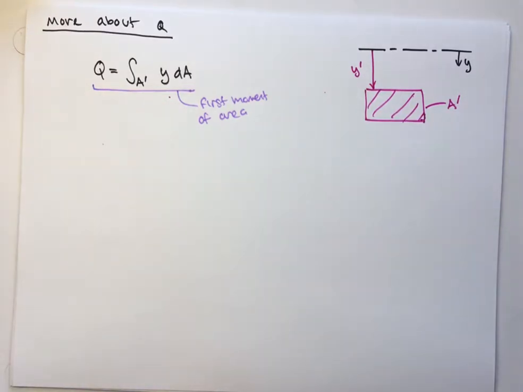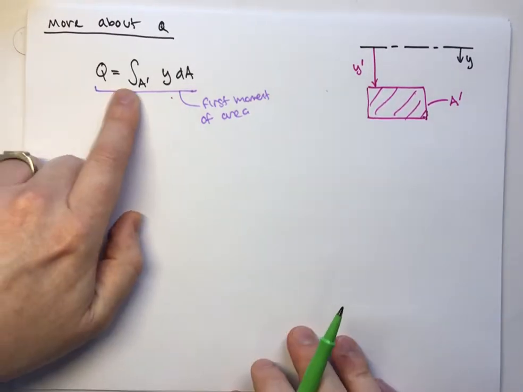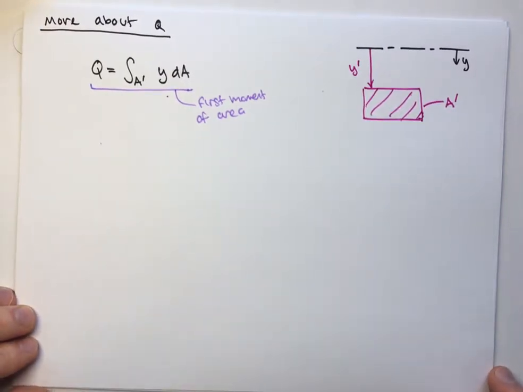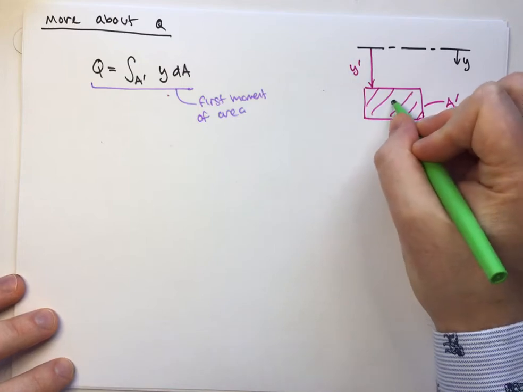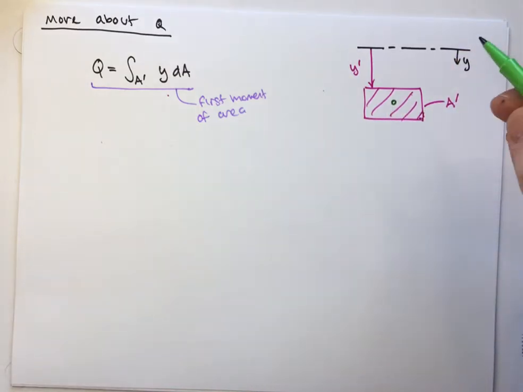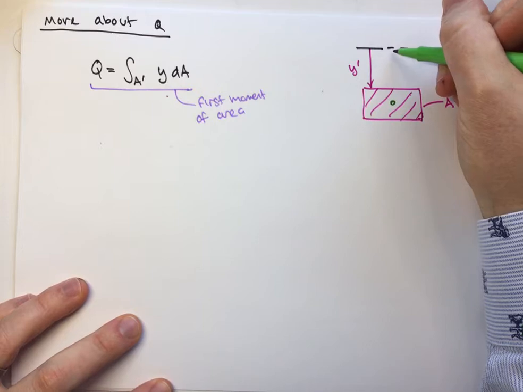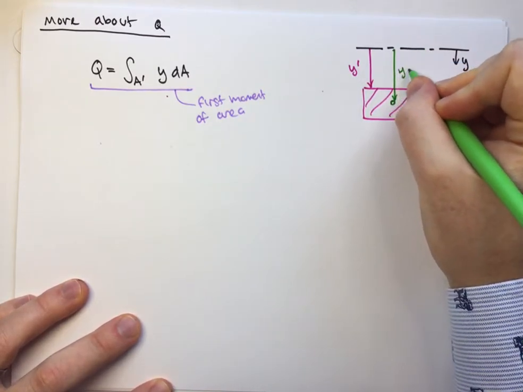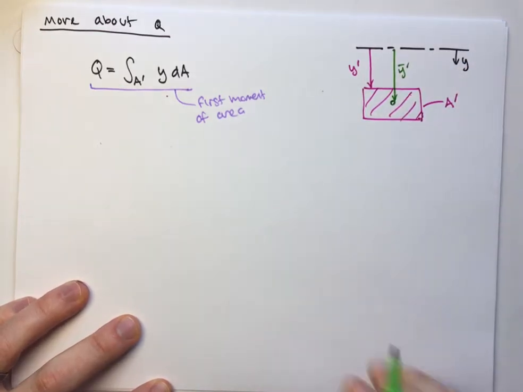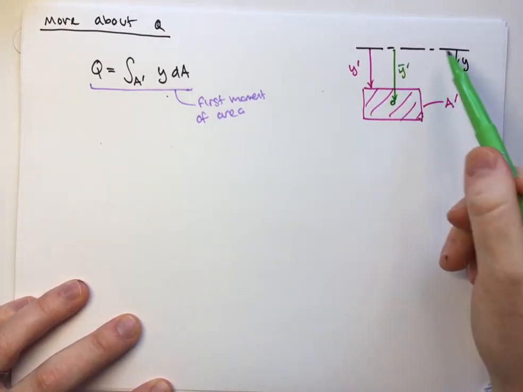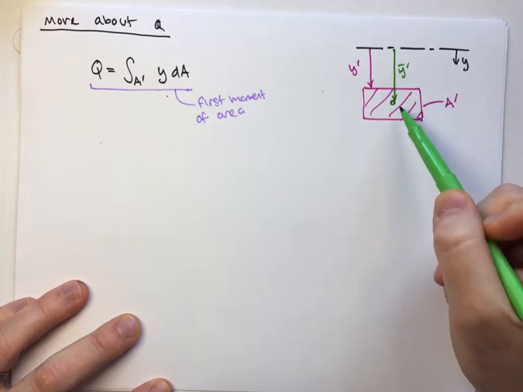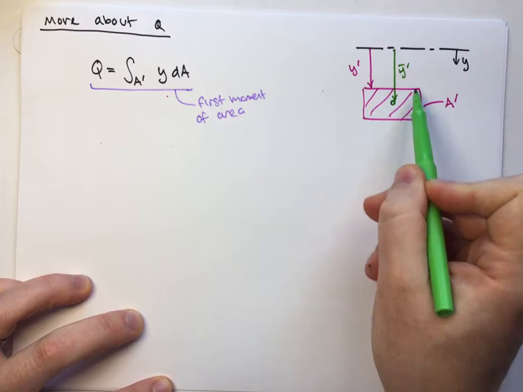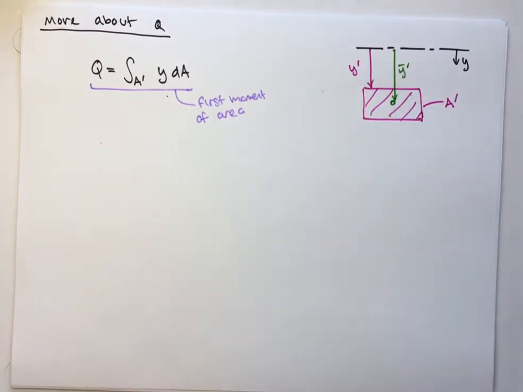Now, what you might recognize is that this looks very similar to our expression we might use to find the centroid of a shape. And so if we go back to finding centroids, that would look like this distance here. So this would be y bar prime, I'm going to say. So that is the distance from the section neutral axis to the centroid of our kind of red shaded area here.